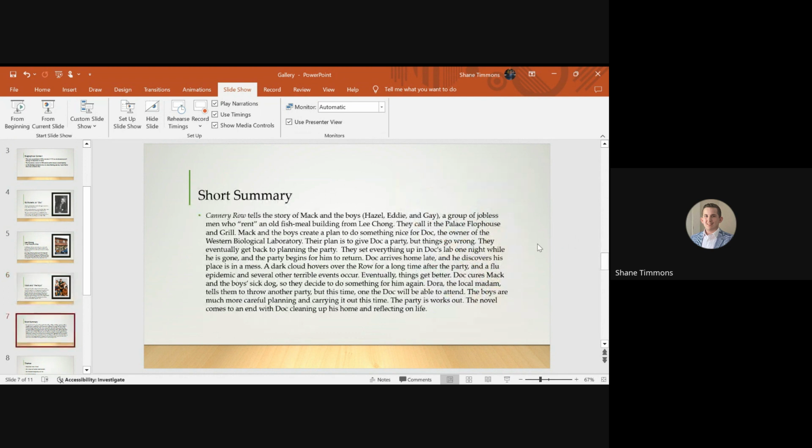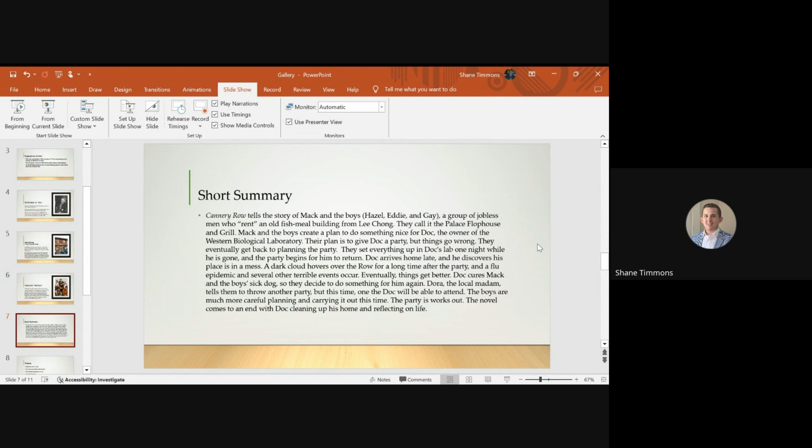Here's a short summary. Cannery Row tells the story of Mac and Hazel, Eddie, and Gay, who are a group of jobless men who decide to rent, and I put rent in quotations because they are notorious for not really paying anybody for anything.